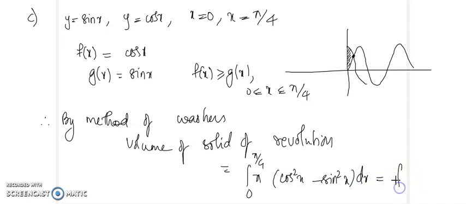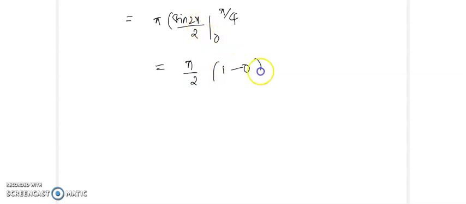So that is pi integral 0 to pi by 4. So cos square x minus sin square x is cos 2x dx. So that will be equal to pi sin 2x by 2 from 0 to pi by 4. So that is pi by 2 into sin 2 pi by 4 will be 1 minus 0. So the value is going to be equal to pi by 2.